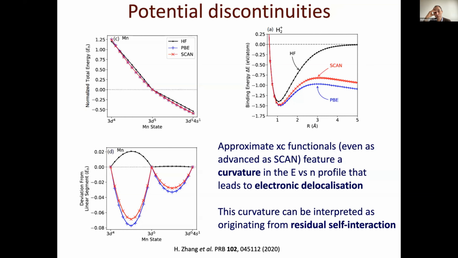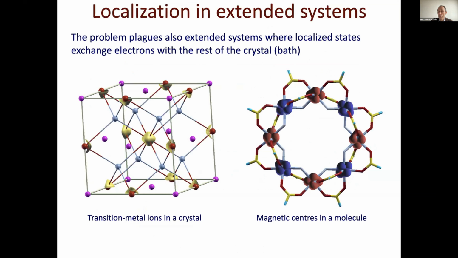This is the excessive curvature of the energy that needs to be taken away somehow, and that's also a problem that afflicts calculations on solids, a periodic system where you might have localized states, and you can think of them as immersed in a bath represented by the rest of the crystal or of the molecule, if you prefer, with which they can exchange electrons.